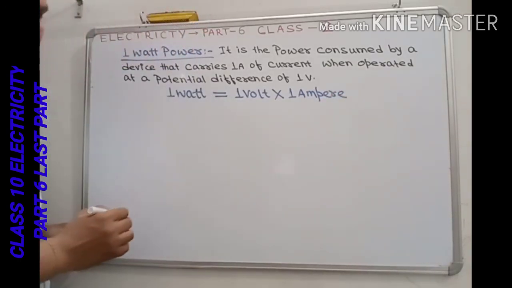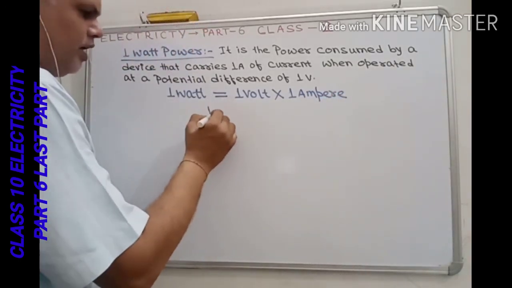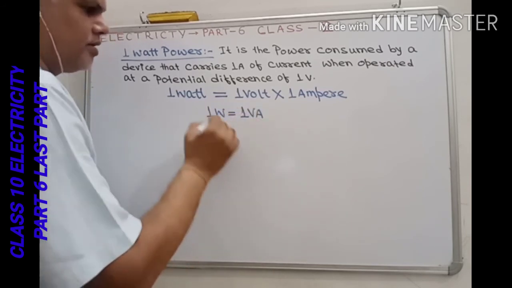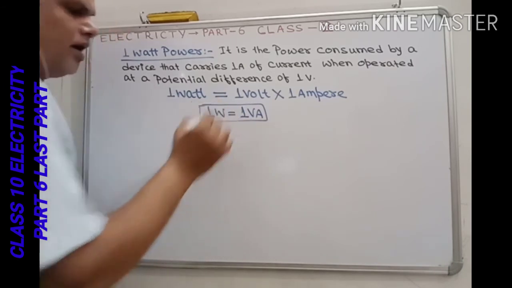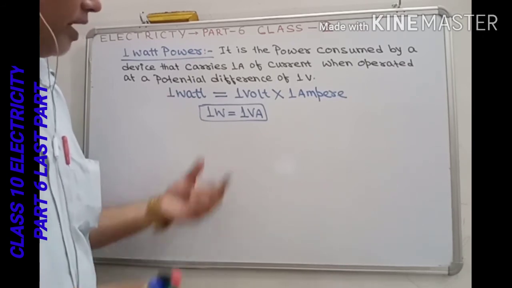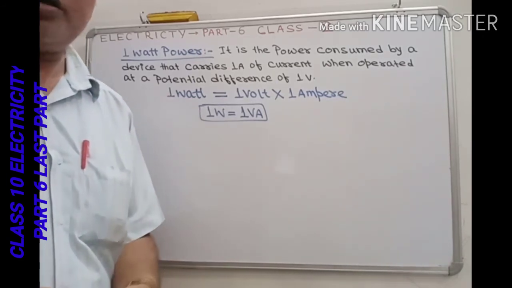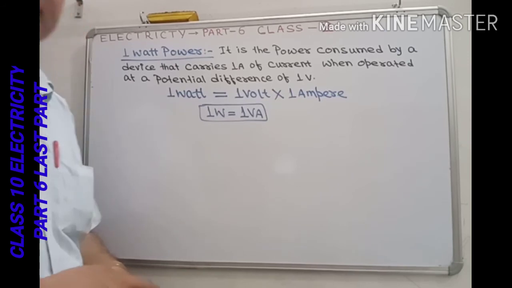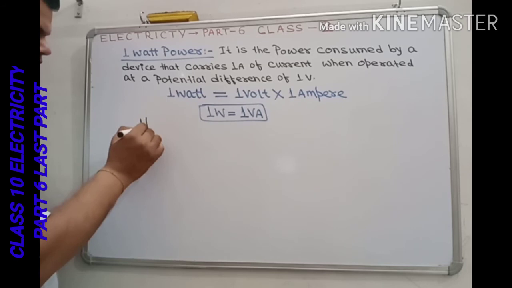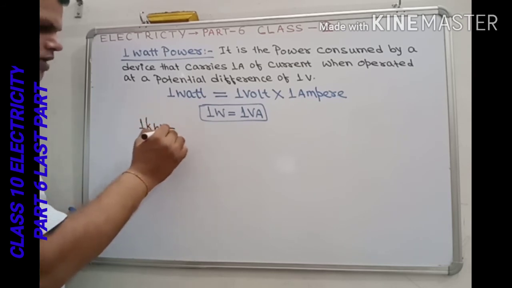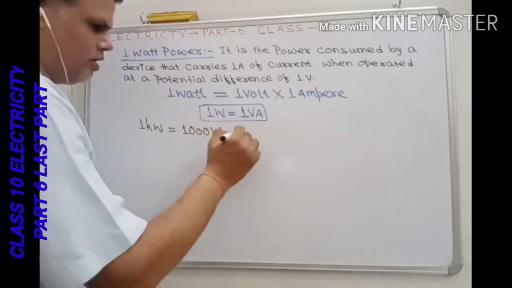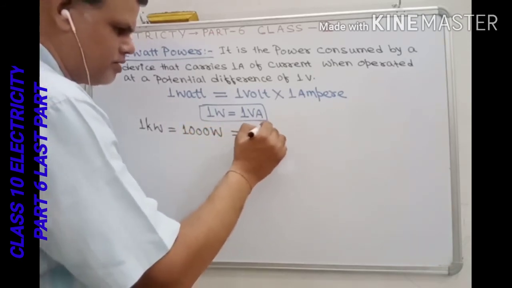So I can write here 1 watt equals 1 volt ampere. Now this watt is a very small unit. The bigger units are, for example, kilowatt. 1 kilowatt means 1000 watt, or 10 to the power 3 watt.